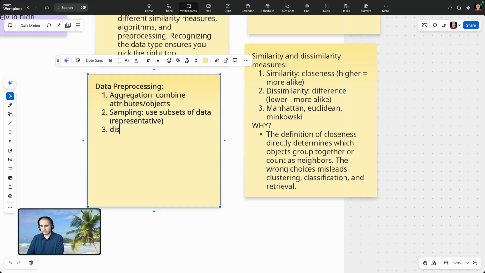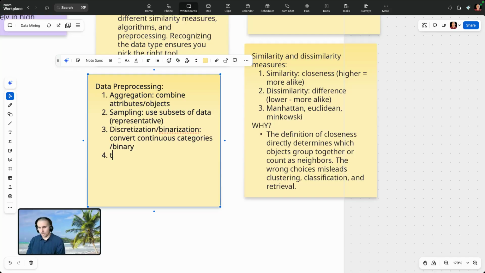Discretization and binarization: convert continuous data, pretty much real numbers, into categories or binary values.